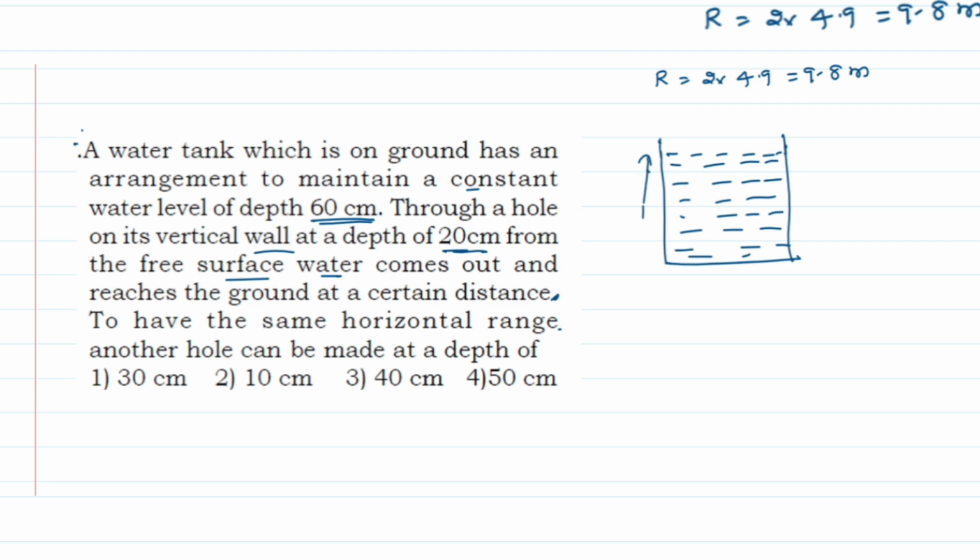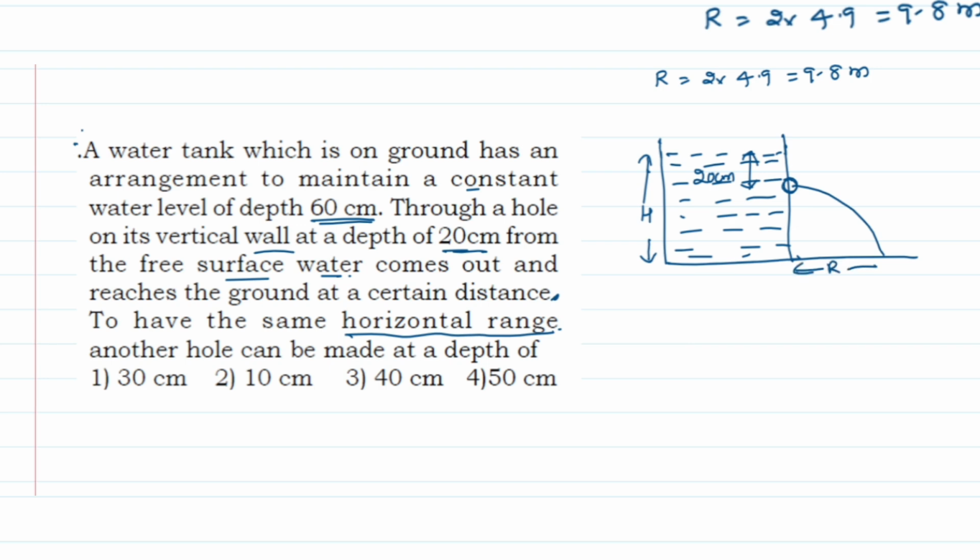Here you are taking a hole on a vertical wall at a depth of 20 centimeter from the free surface of the water. Here one hole will be there, at a distance of 20 centimeter as given, and the liquid is going to come outside like this.